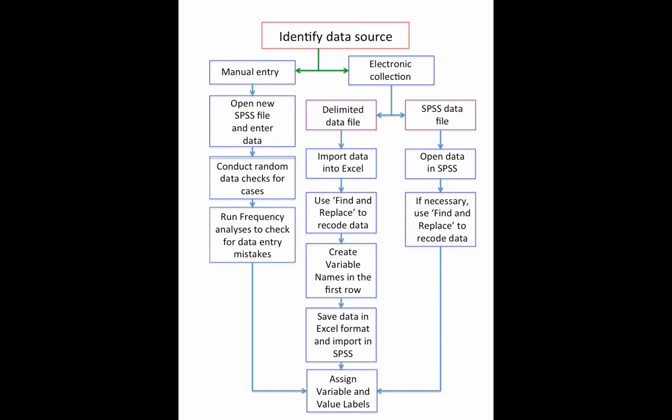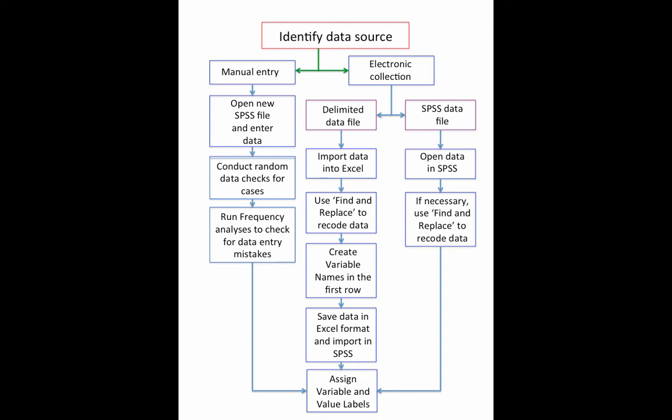Once all of our coding is done, we come down to our last step, which is assigning the value and variable labels. Now, our final workflow, and as you can see, this is going to be the one that is the most involved because we're getting data that is not formatted yet. Presumably, if we have an SPSS file, that SPSS file has already been given variable names, not labels, and we'll see the difference between a variable name and a variable label.